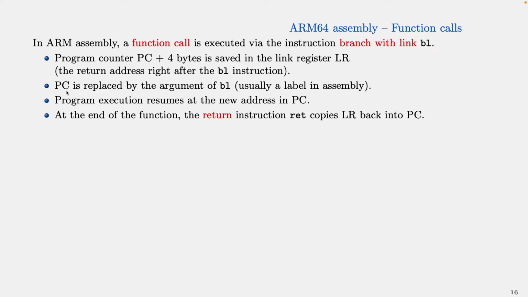Now, once the current program counter plus 4 is saved, we replace the program counter with the argument of BL, which in assembly usually will be a label. And then program execution resumes at this new address, which is now contained in the program counter. So this is the address where the function we're calling is located in memory.